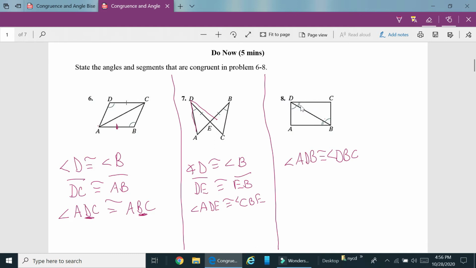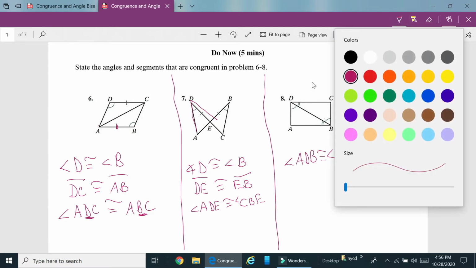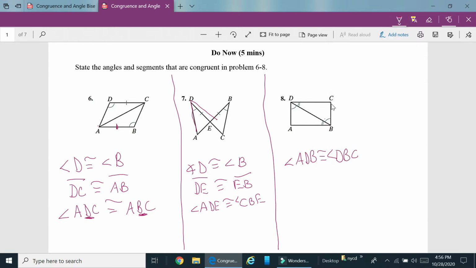Now let's look at the double curve, which is at CDB. So angle CDB, because now if you notice, it has two curves. And I gotta find another one that's equal and congruent to it and has a double curve, which will be ABD.